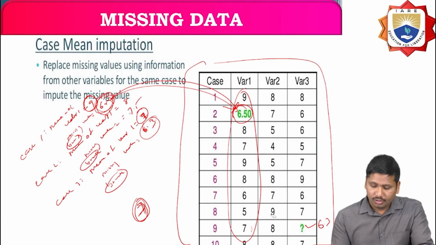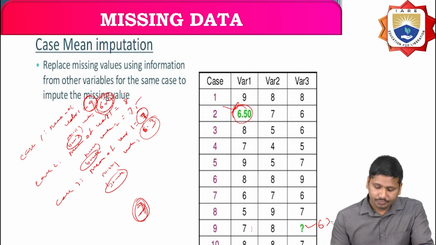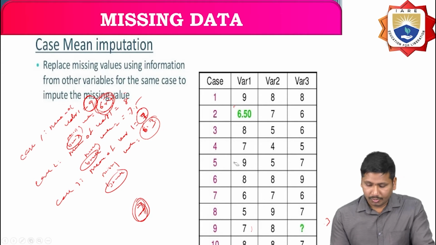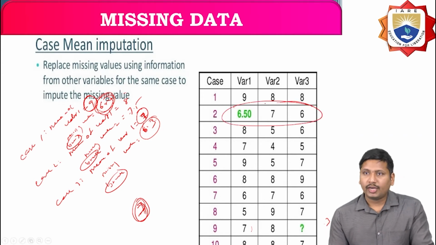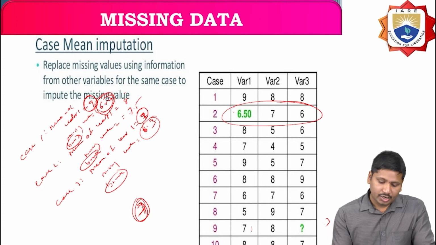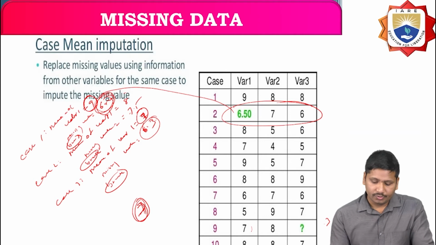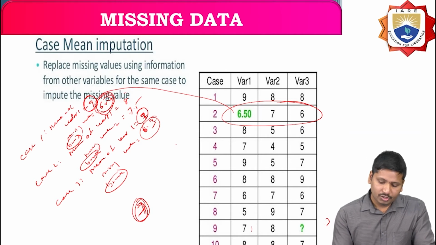This is one of the types. Another type is, suppose I'm getting the missing value here. Here also I can calculate the mean of this variable, and then I have to check which condition is satisfied. Suppose the mean value of this variable is 7. So 6.3 is the value, and 6.3 is going to be filled here.